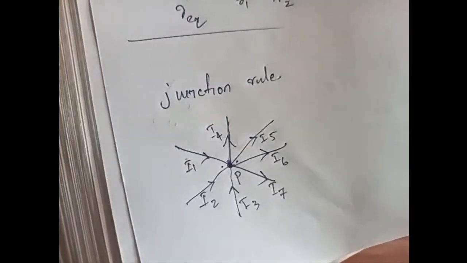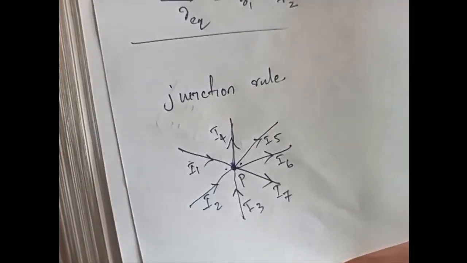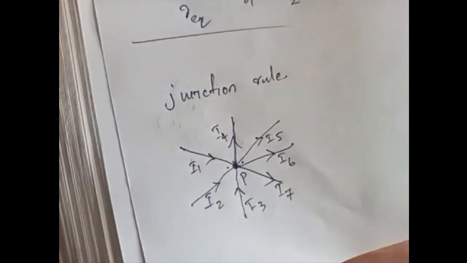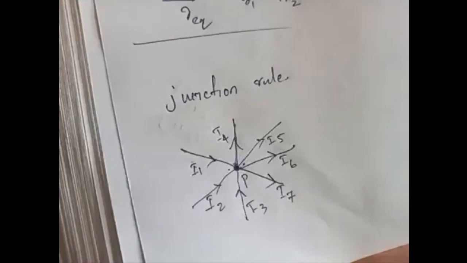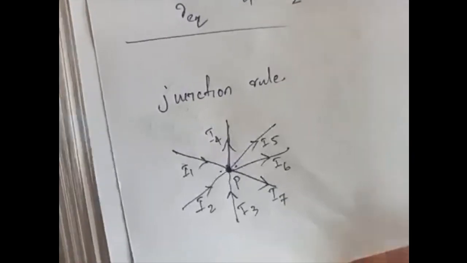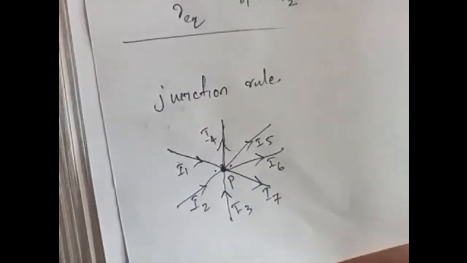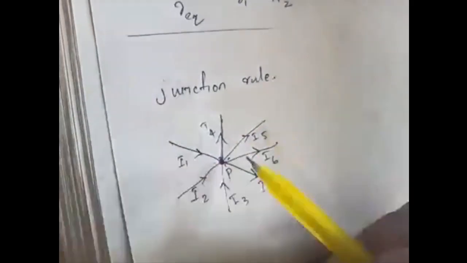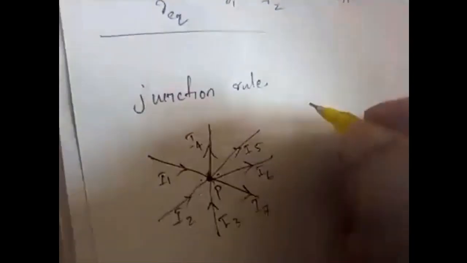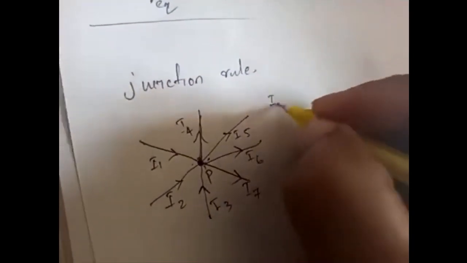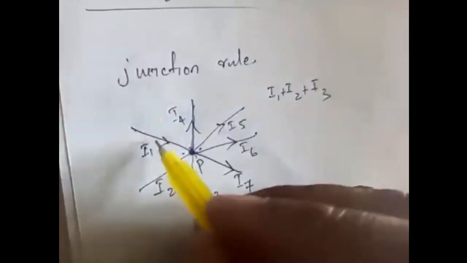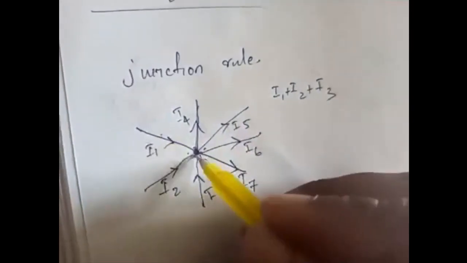That means no current is accumulated at any junction. The current entering the junction will be equal to the current leaving the junction. In an equation you can write I1 plus I2 plus I3, these are the currents which are entering the junction.